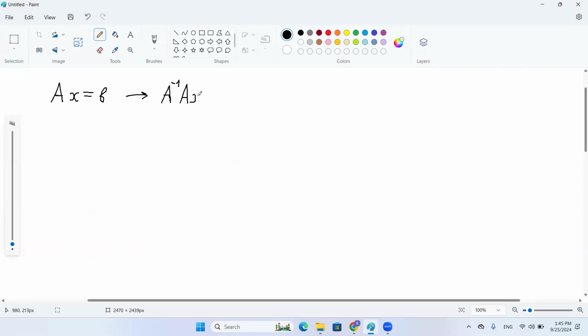So we need to multiply all sides, and it's important. We cannot multiply b by inverse A from the right side because of their dimensions. So this part will be simplified. It will be equal to E, the identity matrix.